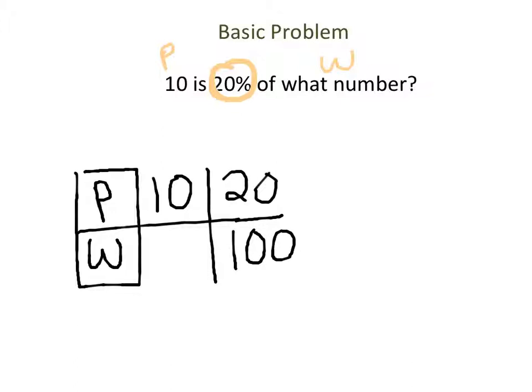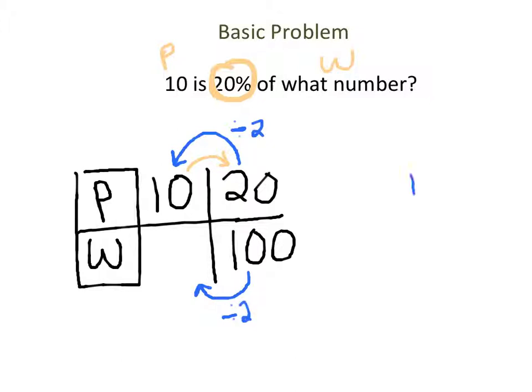And now my job is to figure out how do I get from 20 to 10 so that I can get from here to here. And it's sometimes helpful to think about how I get from 10 to 20. I would do times 2, which means if I want to go in the opposite direction, I'm still going to do 2, but now I need to use division, the opposite operation, divide by 2, which means on the bottom, I divide by 2.